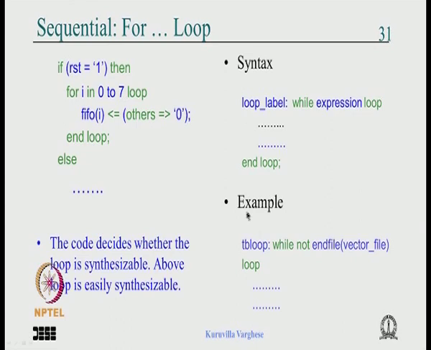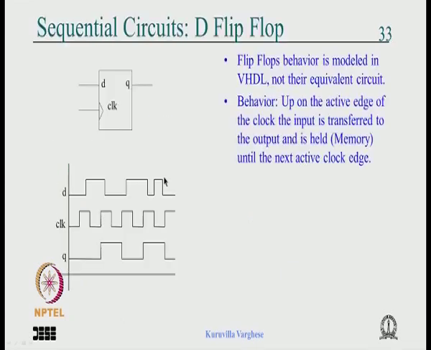Not to discourage you, if you want to write component instantiation you can write. Then we have seen the loop control, exit and next, and for loops, the sequential loops we had, this loop is synthesizable. So that is what we have seen in the last part of the lecture.